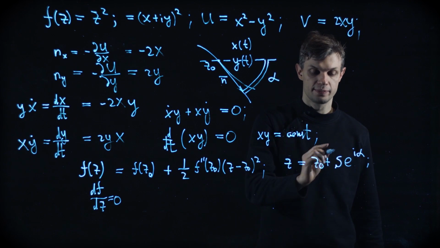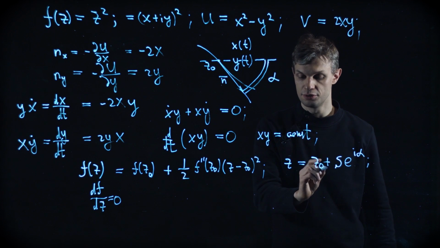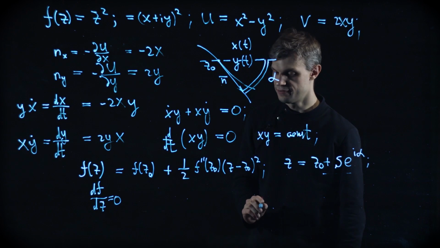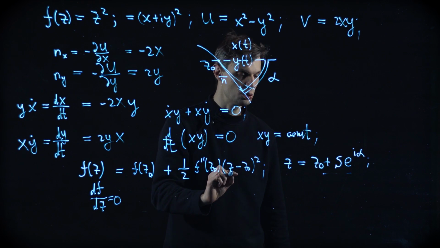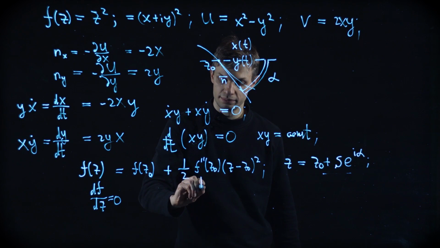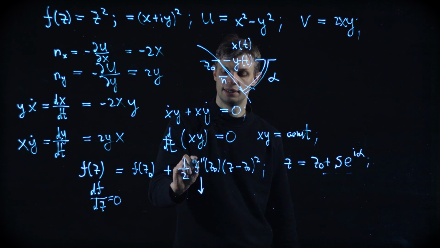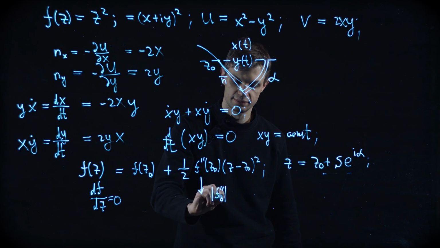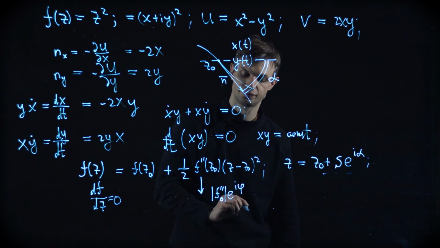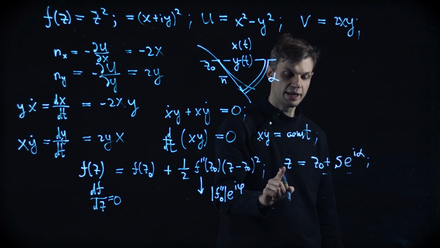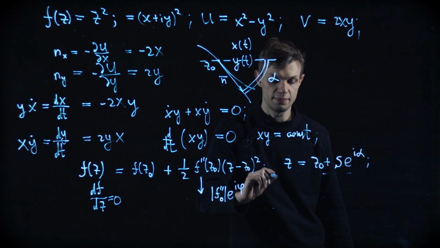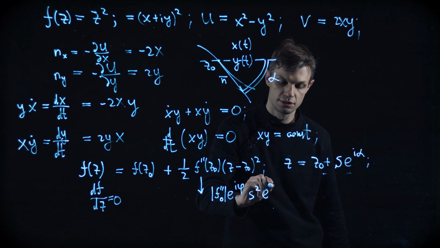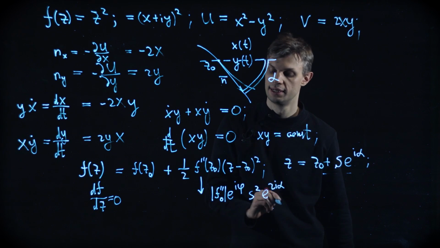Well, the easiest way to get it is actually to plug this parameterization into our expansion of the f of z function. So what do we do? We substitute f double prime with its exponential form, and we plug in this parameterization instead of z minus z0. So it's s squared times e to the 2i alpha.